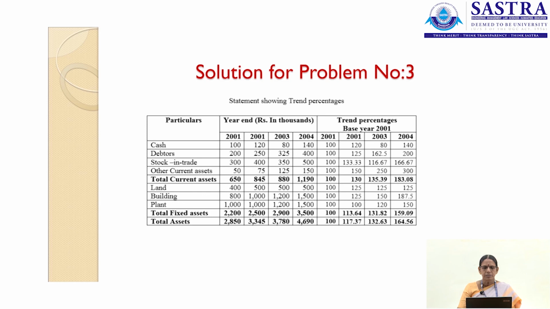Statement showing the trend percentages. We have the trend year in rupees in thousands here 2001, 2, 3 and 4. Again we have the 2001 as your base. As usual, this is taken as base here as we have already said.